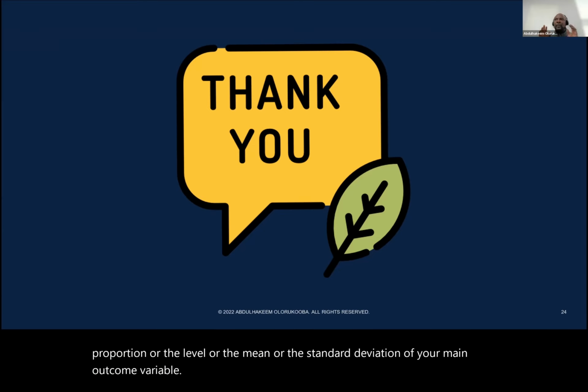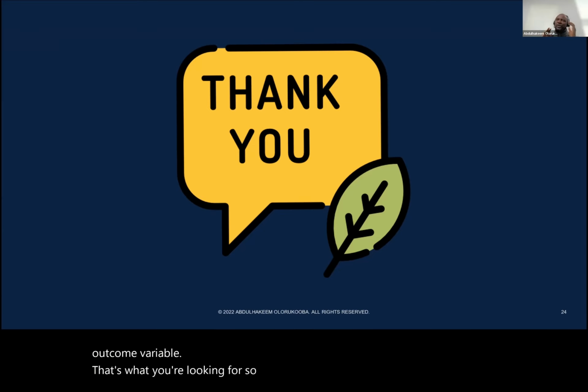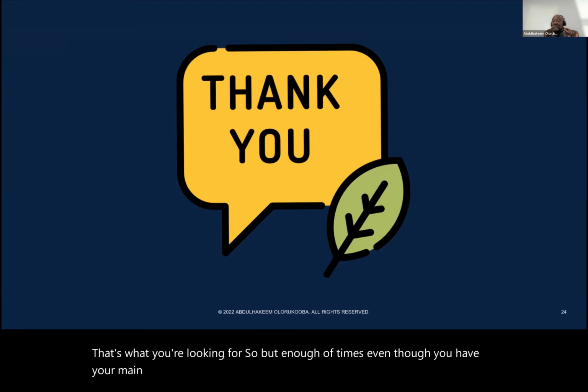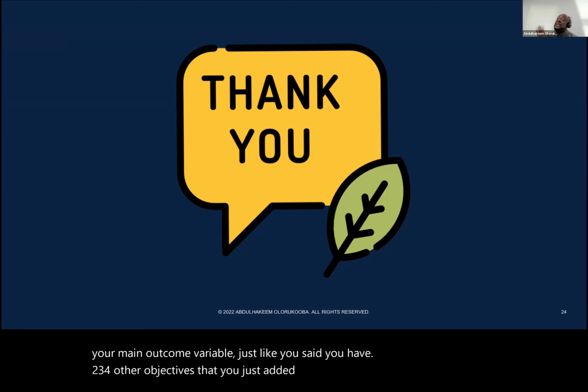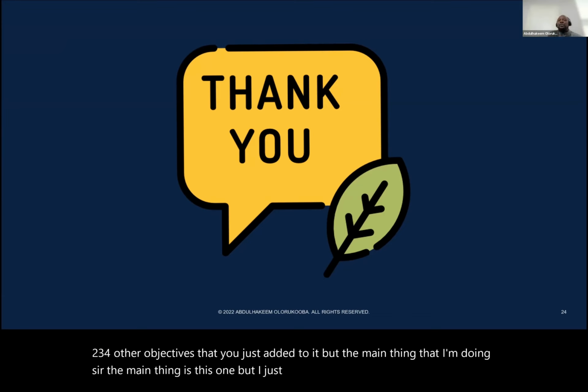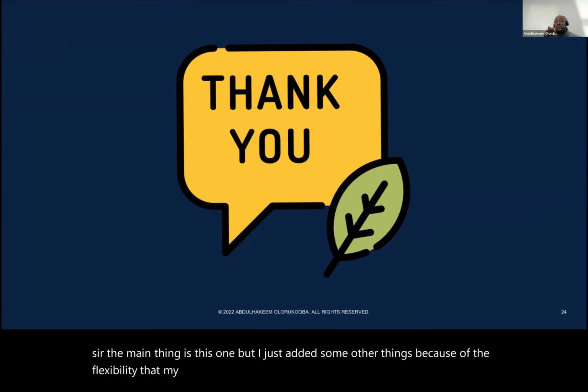But many times, even though you have your main outcome variable, you have 2, 3, 4 other objectives that you just added to it. But the main thing that I'm doing, sir, is this one. I just added some other things because of the flexibility that my study design allows me, because I'm flexible to be able to do this.